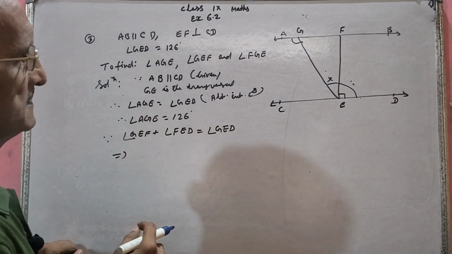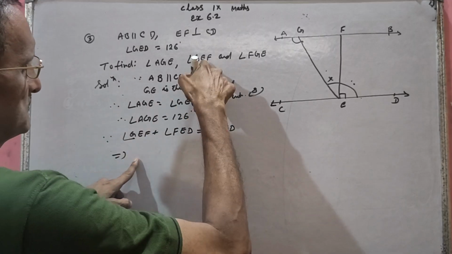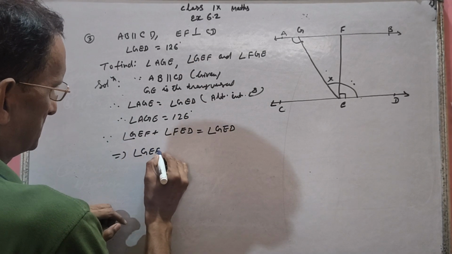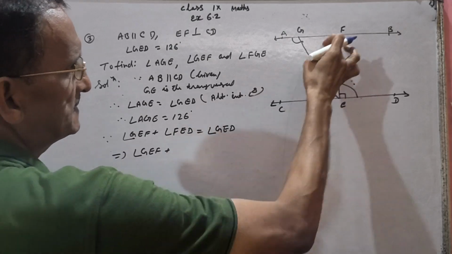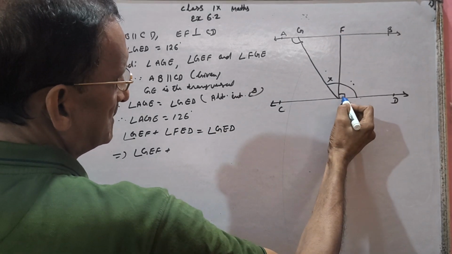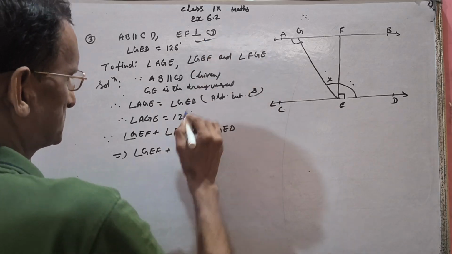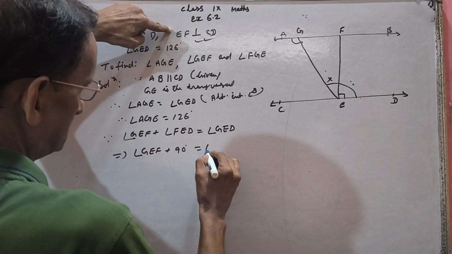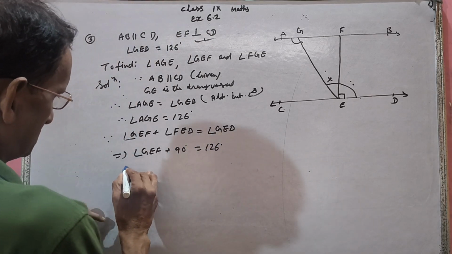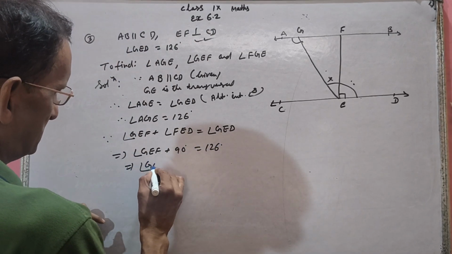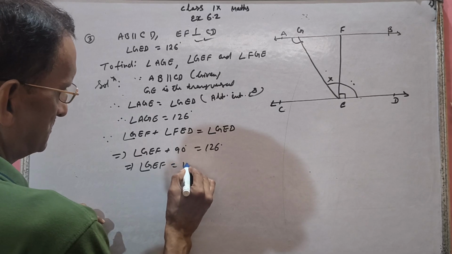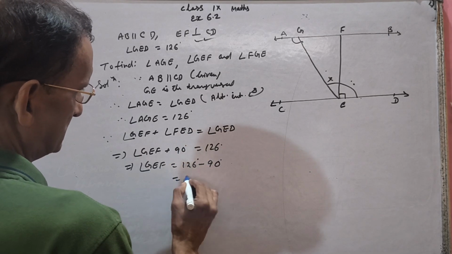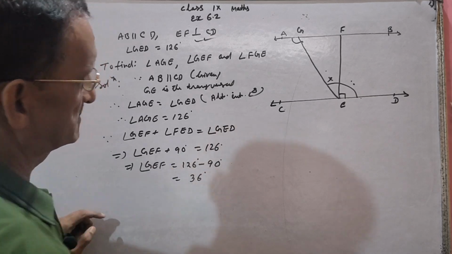So angle GEF plus angle FED, FED is this symbol which represents 90 degree, it is perpendicular also. And this is also given, GED 126 degree. So what will you get? Angle GEF is equal to 126 degree minus 90 degree. How much will we get? 36 degree.